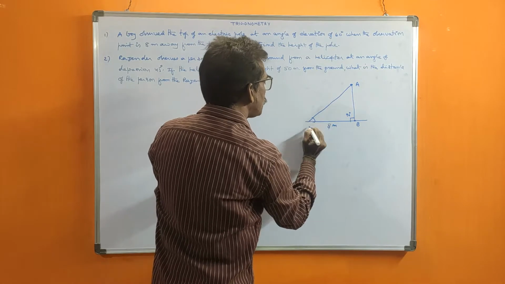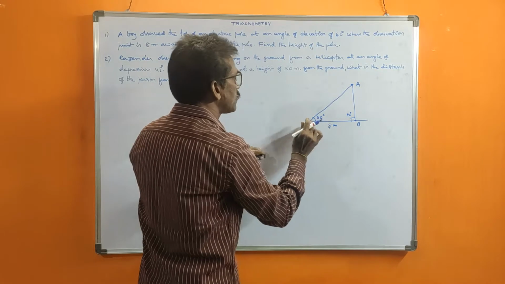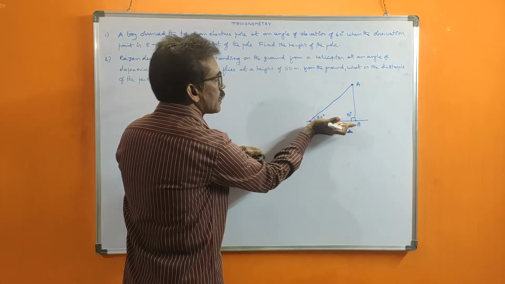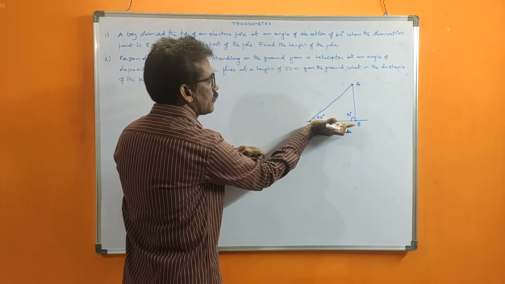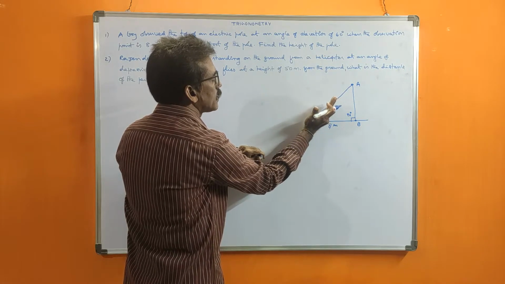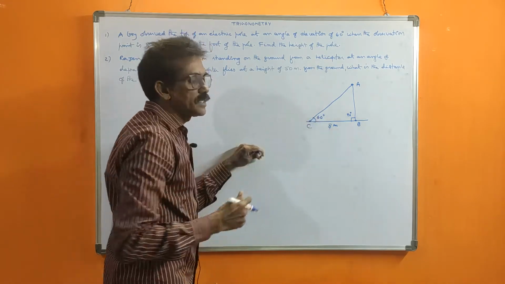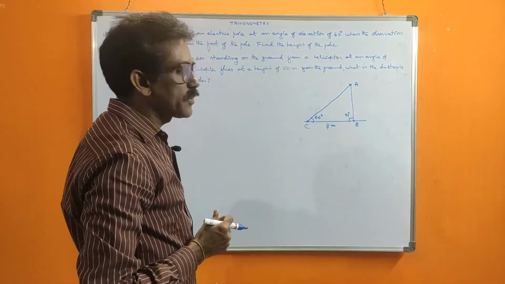Here A, B, C. C is the observing point. He observed 60 degrees. Now he is observing from the horizontal level to see the top of the pole A, taking angle 60 degrees. The reading is 60 degrees. That means that is the angle of elevation. So angle of elevation means that one.